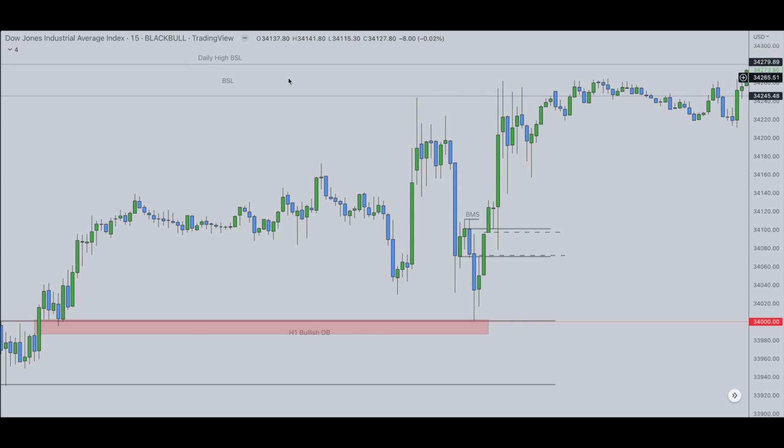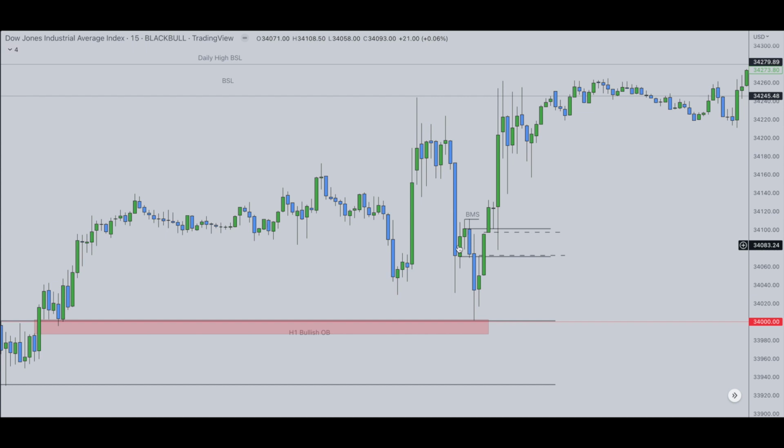So retail is gonna think that we're gonna make a lower high and we're gonna sell off just because this level was the high for August 16th. Note how they sell off aggressively here, but we don't think that way. The reason we don't think that way is because we don't trade retail concepts.